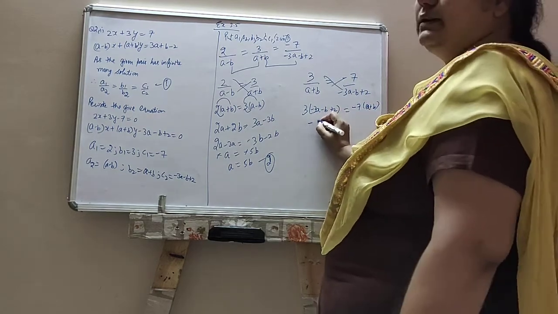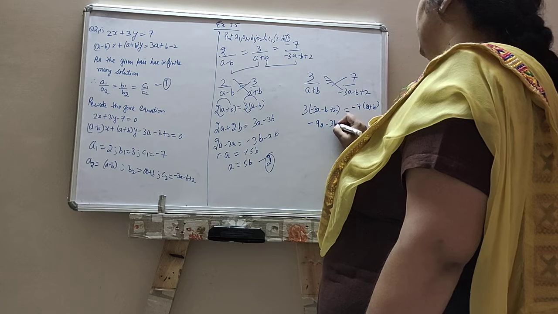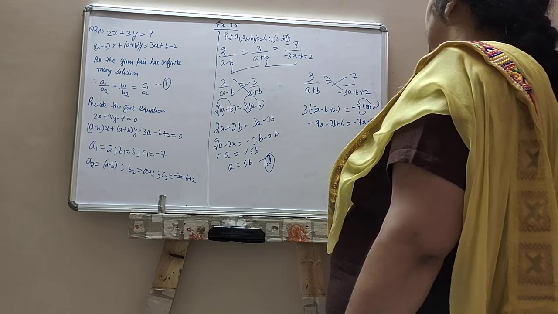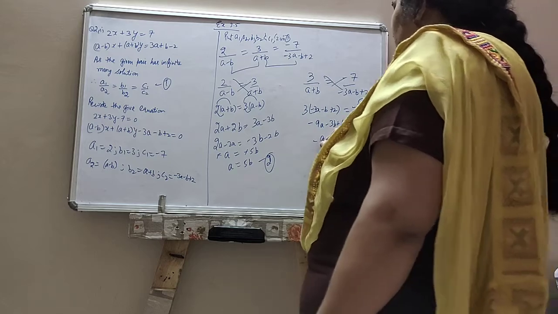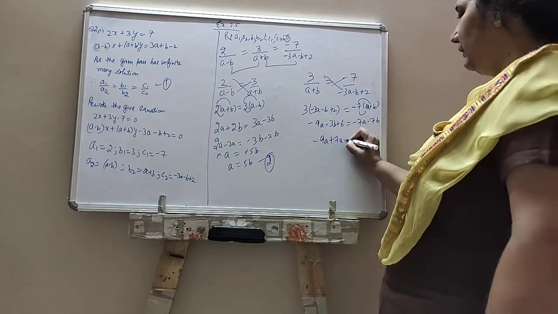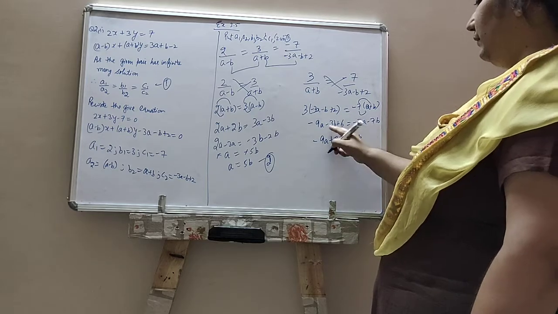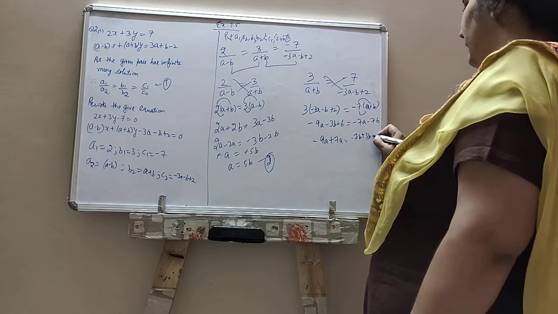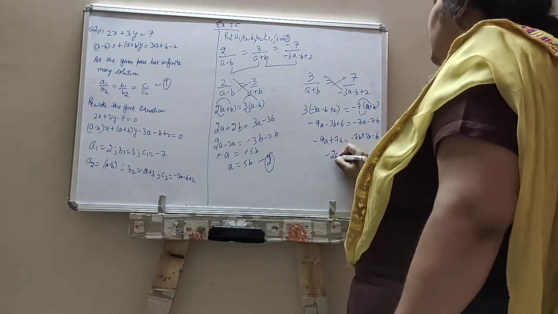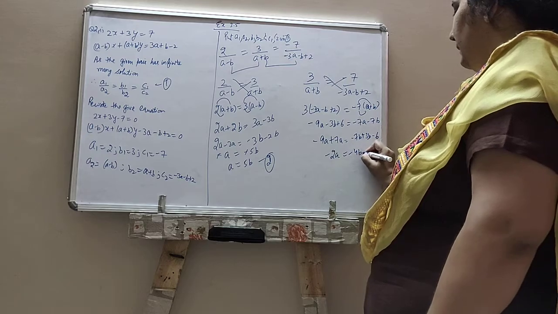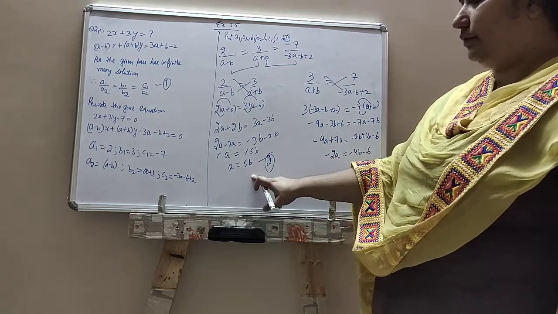So minus 9a minus 3b plus 6, minus 7a, it is minus 7b. 9a, beta I am going to shift this one, it is plus 7a minus 7b plus 3b, I am shifting the side, plus 6 minus 6. Minus 2a is equal to minus 4b minus 6. Beta a is equal to 5b.